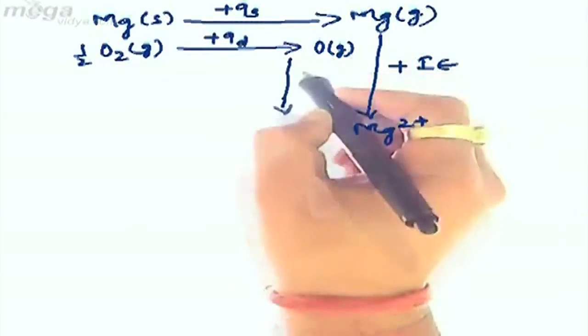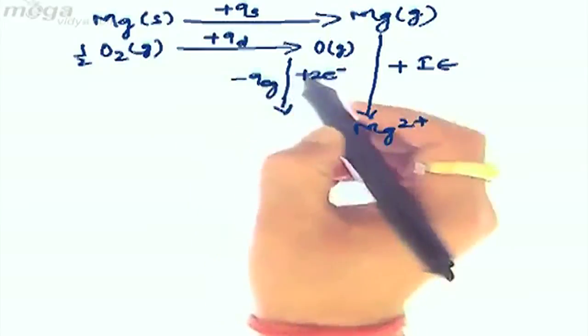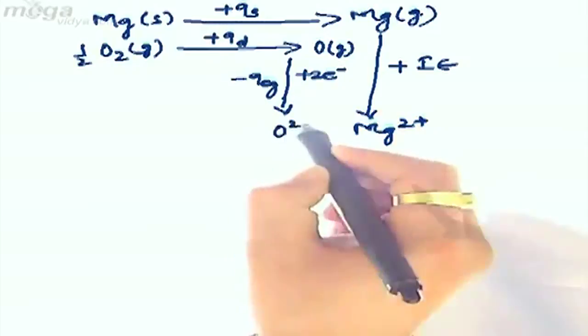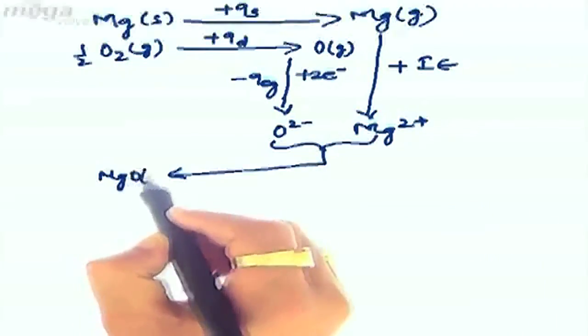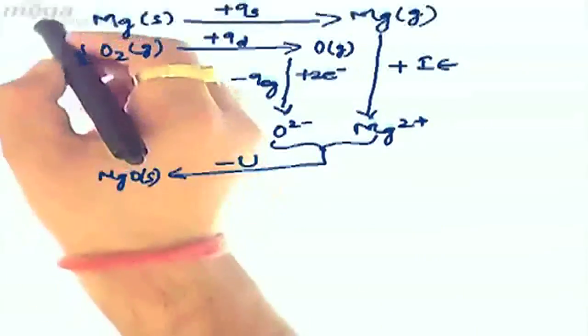In the next step, when we add electrons to oxygen atoms, energy is released, the heat of electron gain, forming O2-. When we combine these two, magnesium oxide solid forms, leading to a loss of energy called lattice energy.